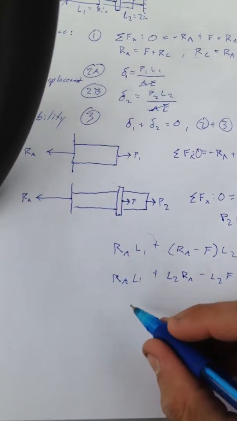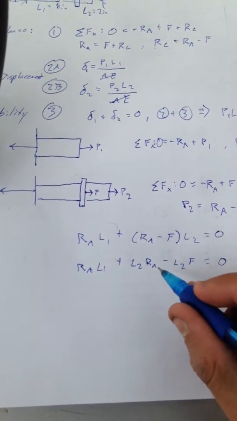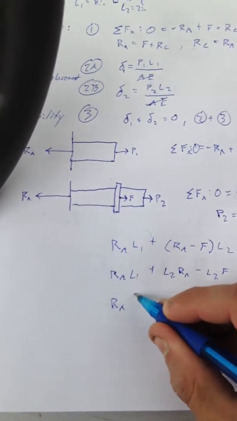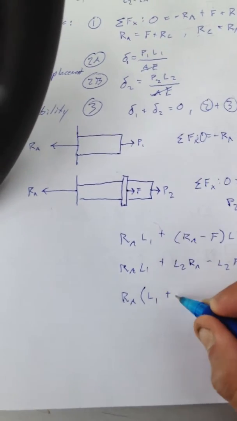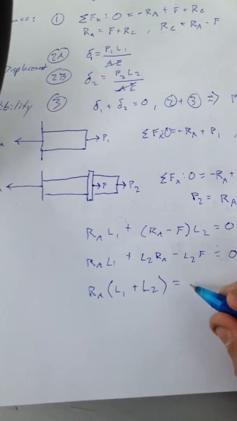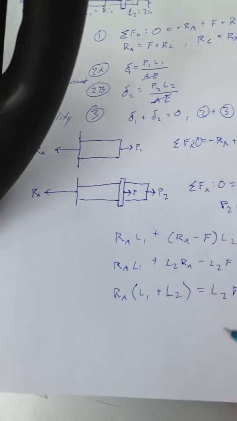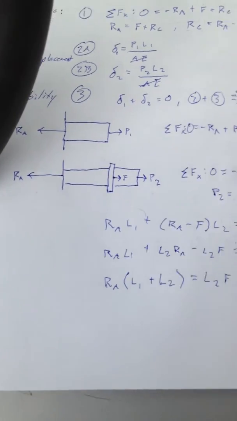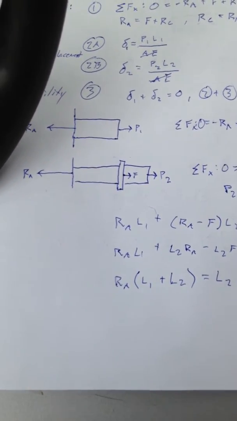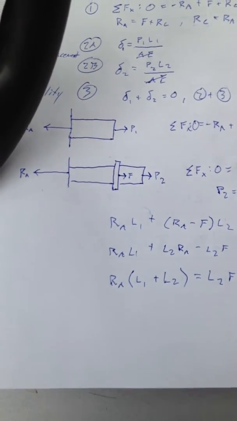And then we're going to move this thing over to the right side and factor out the RAs. So we've got RA parenthesis L1 plus L2 equals L2 times F. Then we can see that RA simply equals L2F over L1 plus L2.